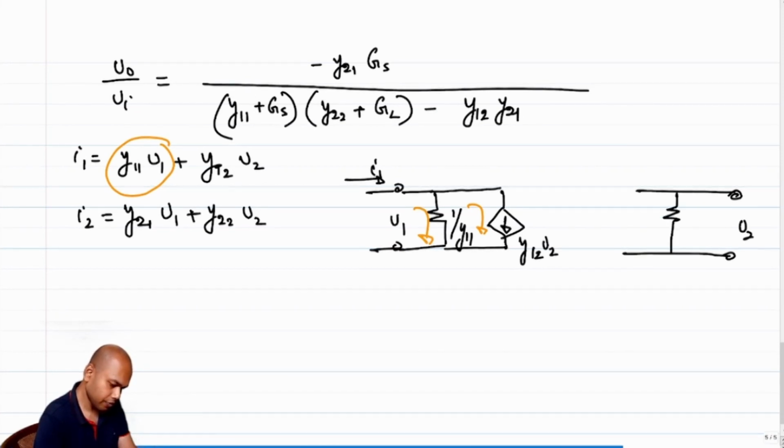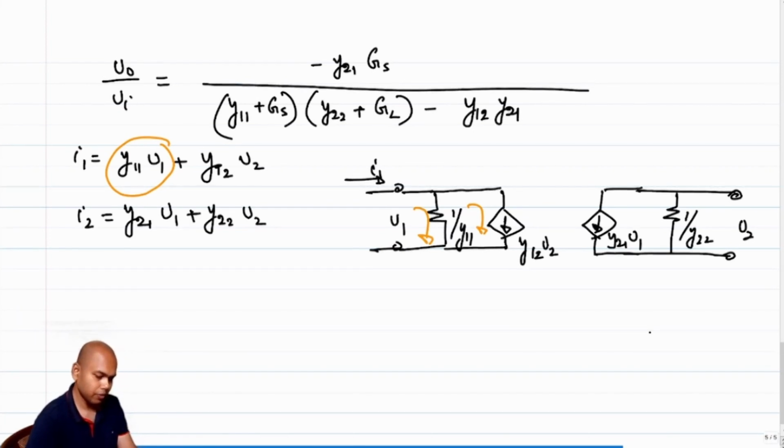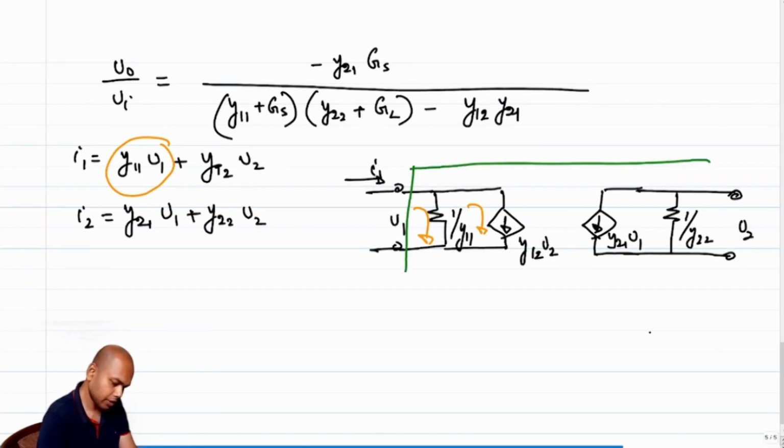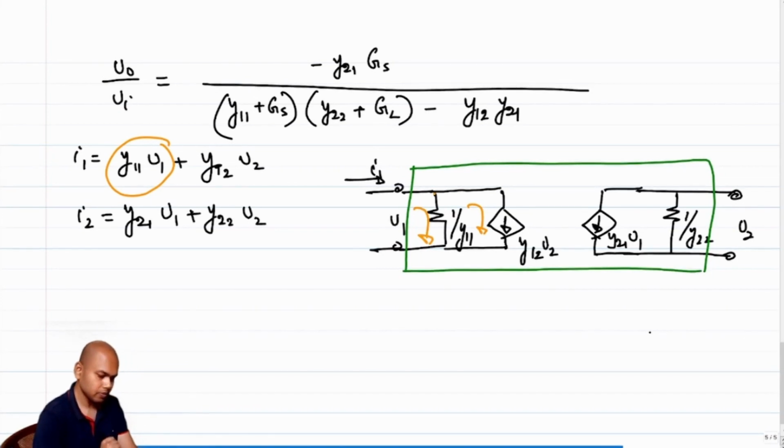So you will have 1 over y22 here, and you will have a controlled current source which is dependent on the voltage of port 1. So this becomes y21. So this becomes your incremental y parameter model. Or rather, this is I2.